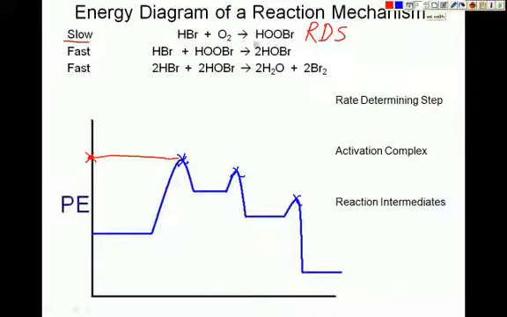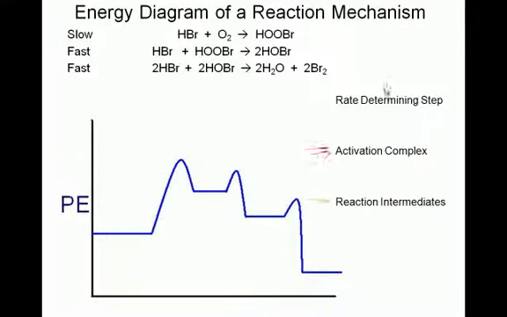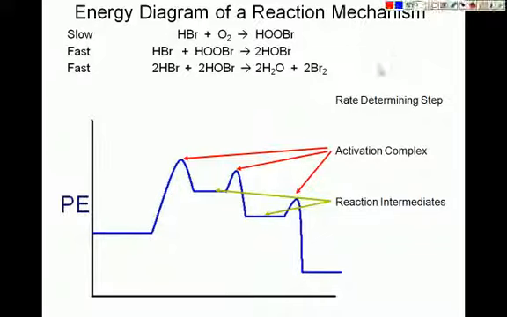So our first reaction intermediate is, well, let's skip ahead just a little bit. Here are our reaction intermediates, at these valleys right here. So we have two reaction intermediates, and up here is our activation complex. Now, the rate determining step, of course, is our first step, and we need to determine what the reaction intermediates are.